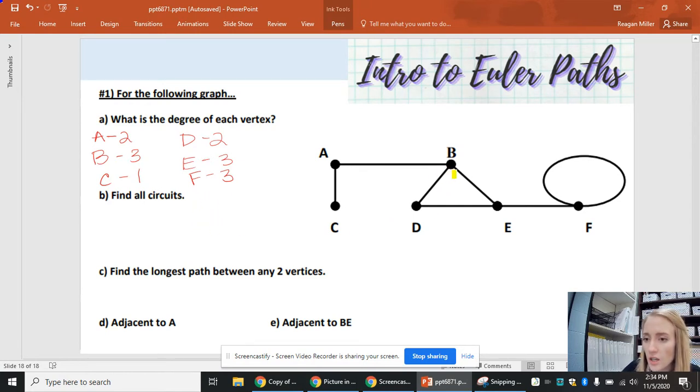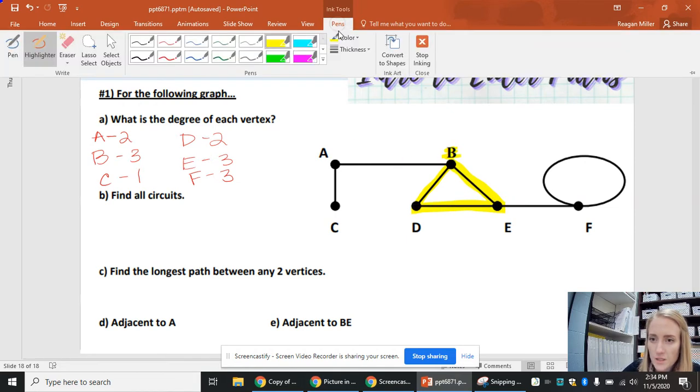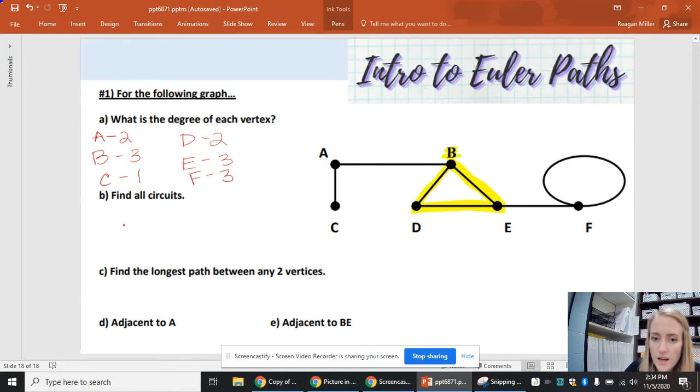So for just a circuit, for instance, I could start here at B, right? And I could go B to D to E to B, all right? So if I wanted to write that, I could write B, D, E, B. So we went 1, 2, 3.